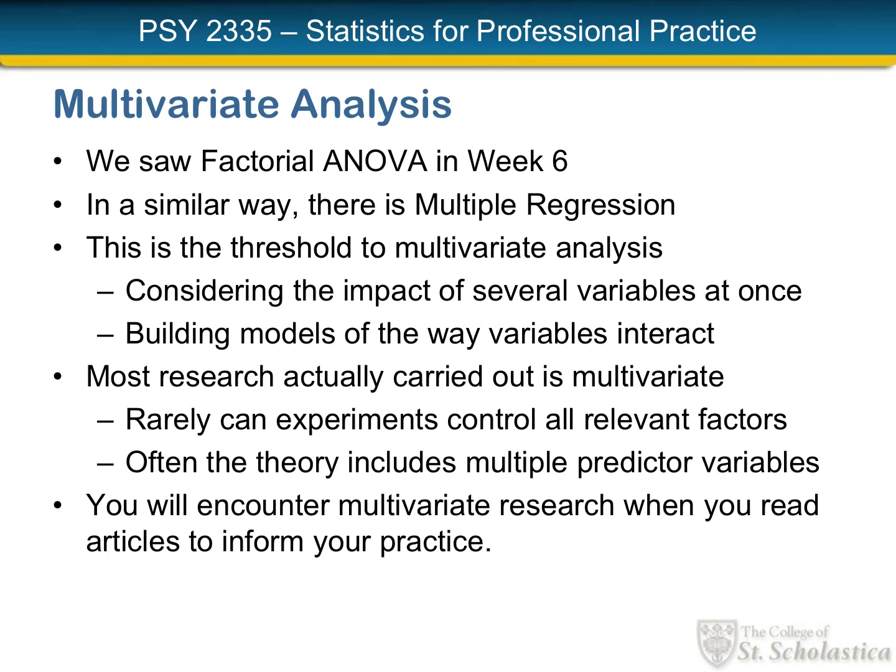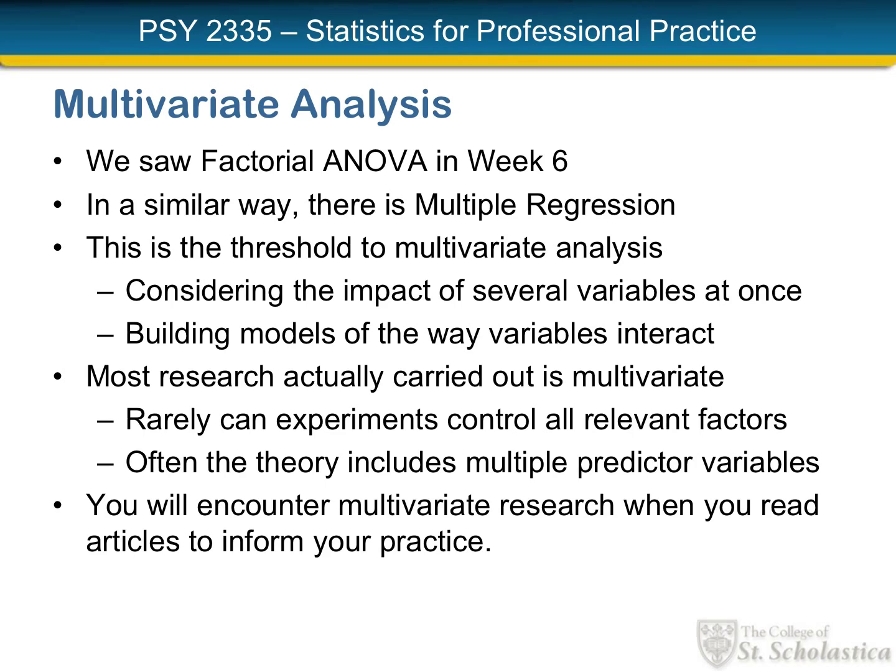Our textbook dips its toes into the waters of multivariate analysis for a second time with the module on multiple regression. We saw when we studied factorial ANOVA earlier in the course that it was possible to have two variables as a predictor, and that we would be able to test the effect of one variable while controlling for another.